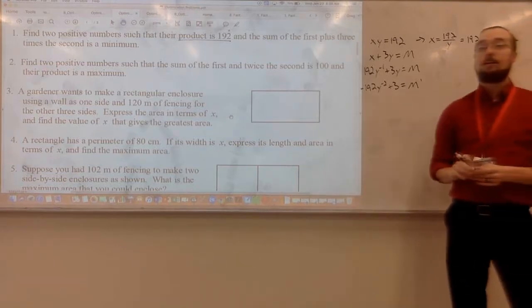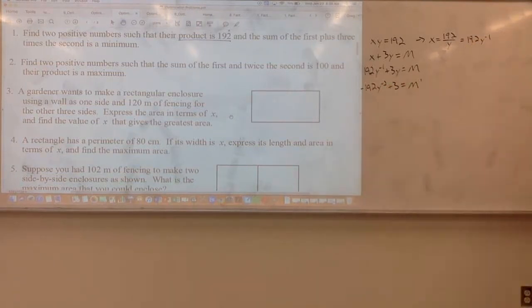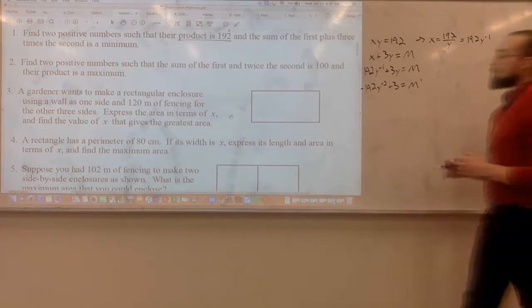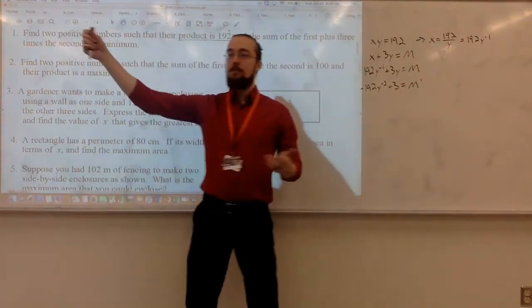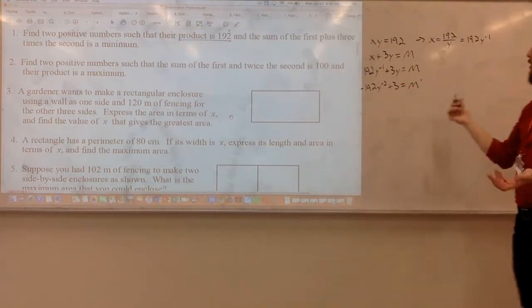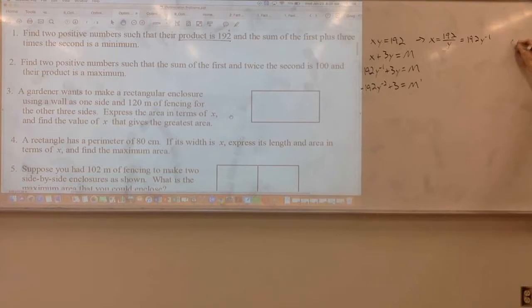So we should figure out our domain here, right? If I have 2 positive numbers right off the bat, I know that they both have to be greater than 0, so both x and y have to be greater than 0. Is there a maximum value that they could be?